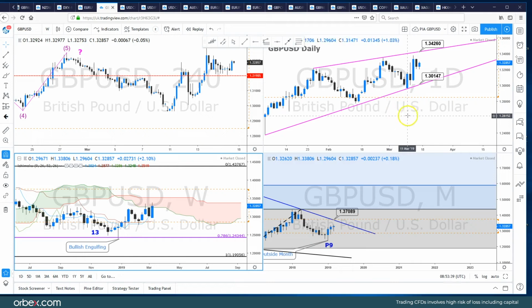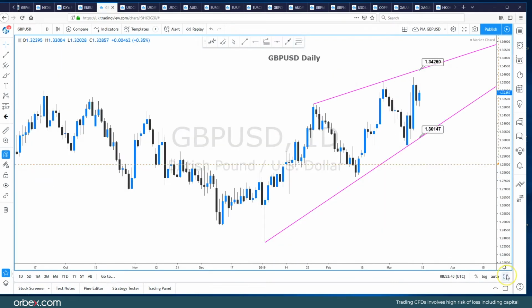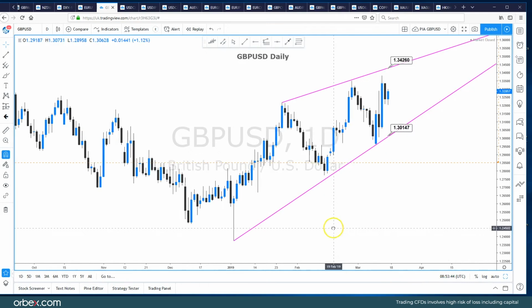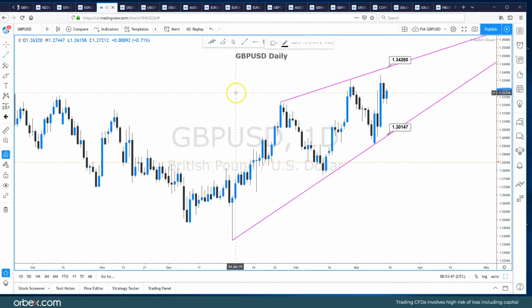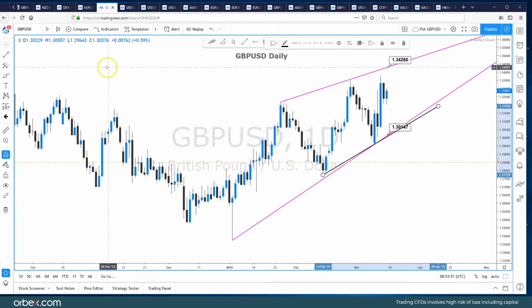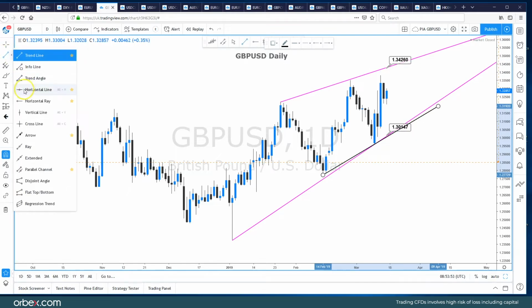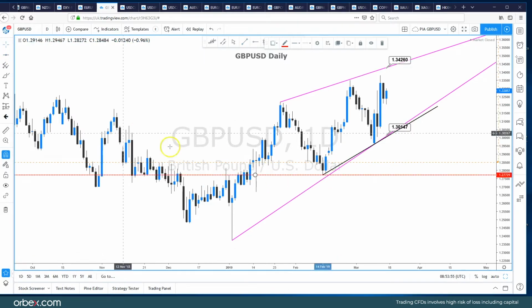aggressively higher. But then if we look to the daily chart, this looks like a bearish wedge formation. Now we could take the trend line from here. It still makes it a bearish formation, but the only difference is where your target levels are for a breakout.